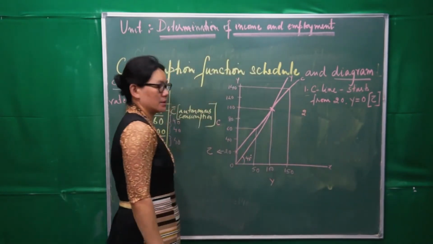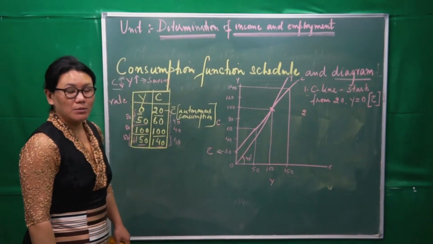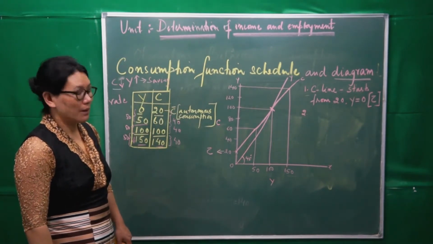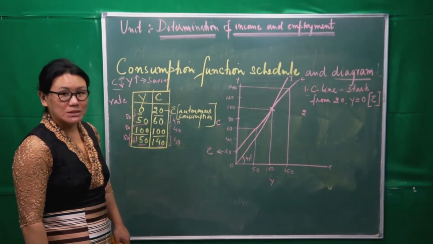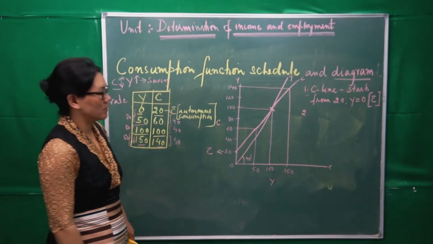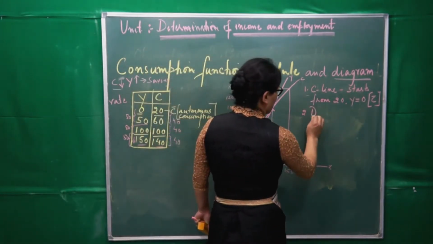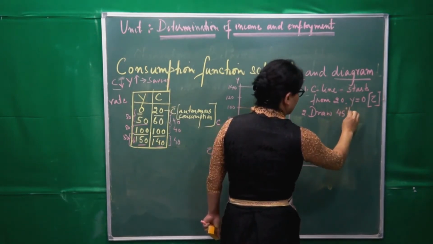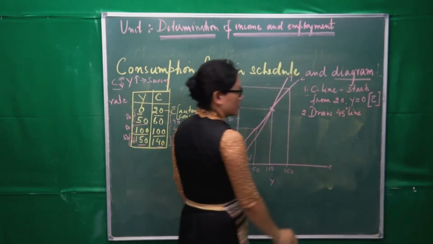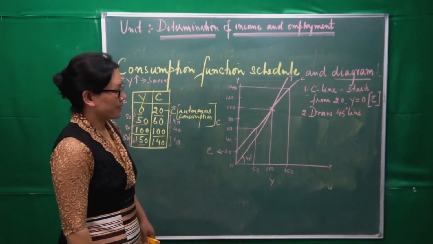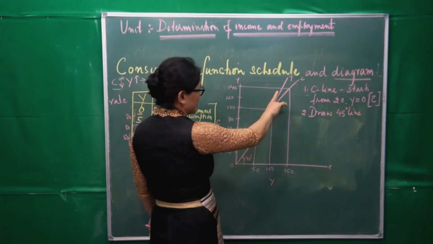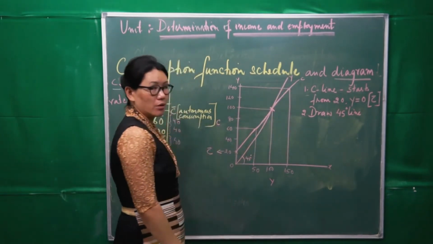Second one is, in my previous video, I have talked about the importance and significance of the 45-degree line. Right? Now see here, a 45-degree line is drawn.